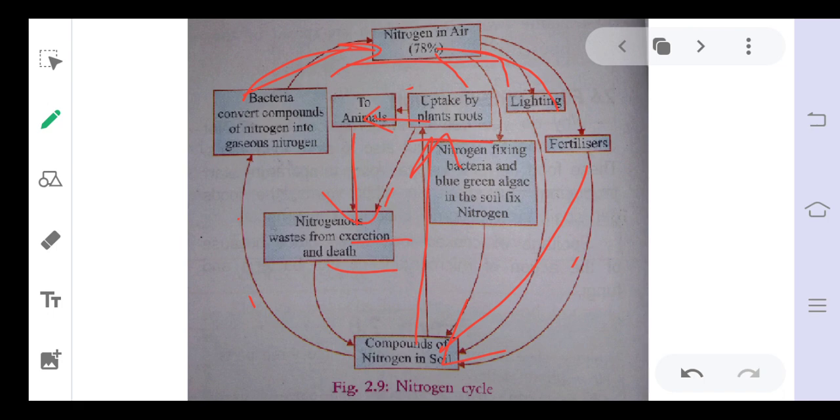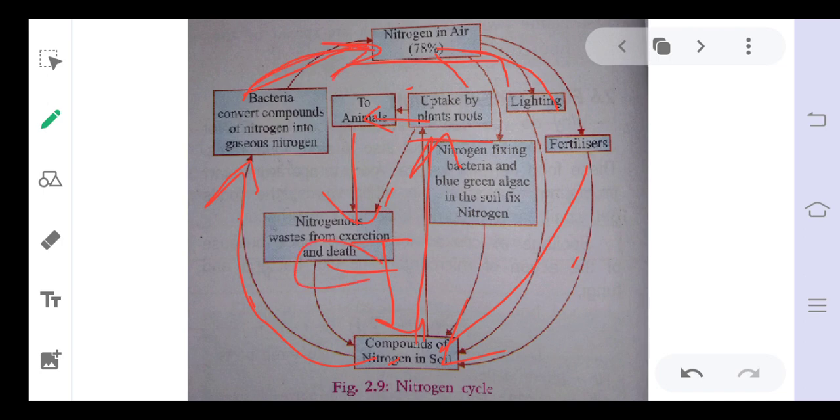When we urinate, we excrete urea, and it contains nitrogen. In the form of these nitrogenous wastes it comes into the soil again, and from there the compounds can be converted into nitrogen and released into the atmosphere.